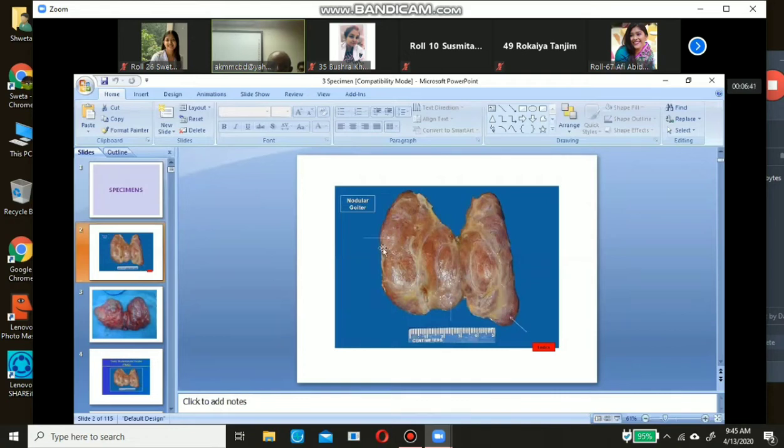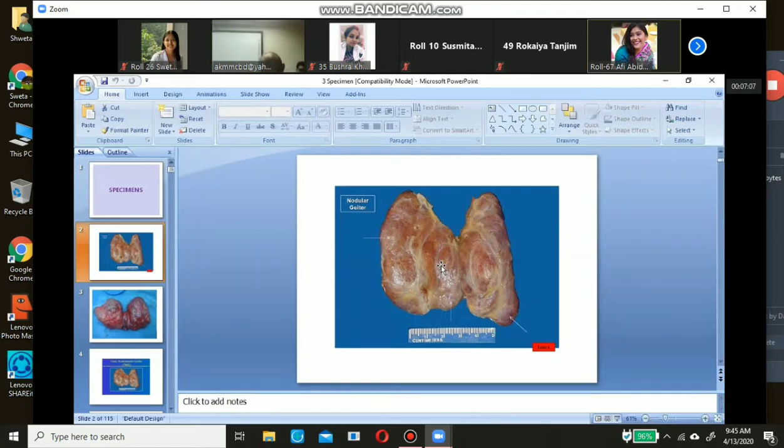Then, obviously, this is a case of multinodular goiter. When the section is cut, you can see the colloid within the nodule also. Colloid is grayish, dark gray, or black color. By that, you can say these are colloid.